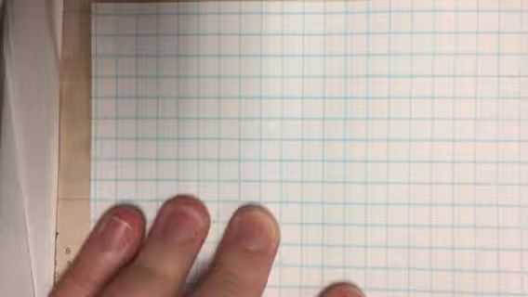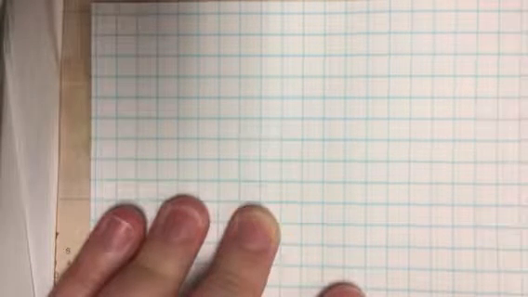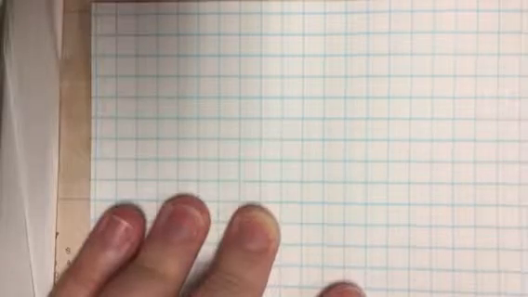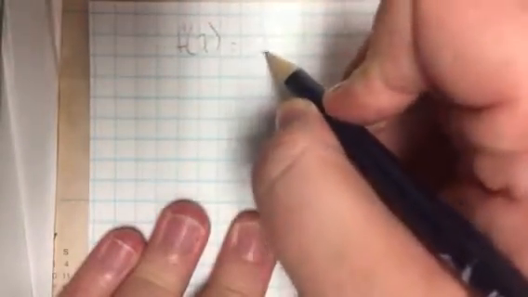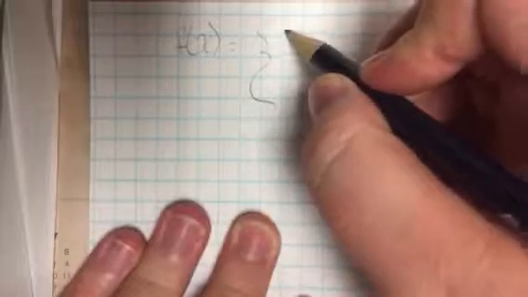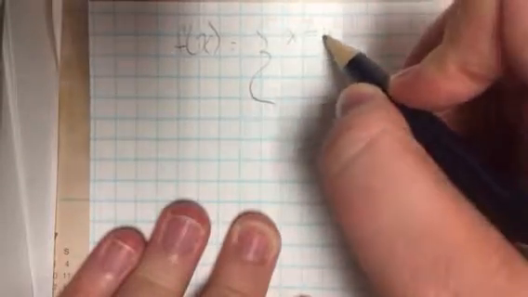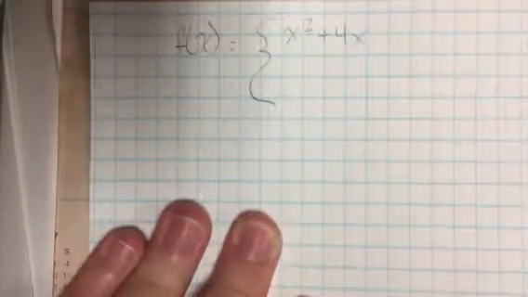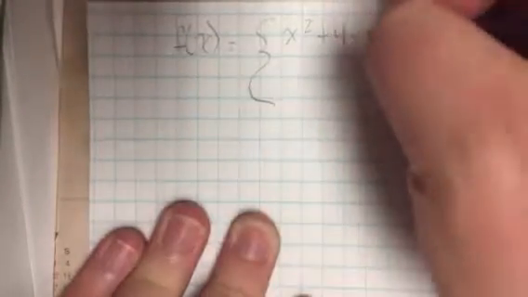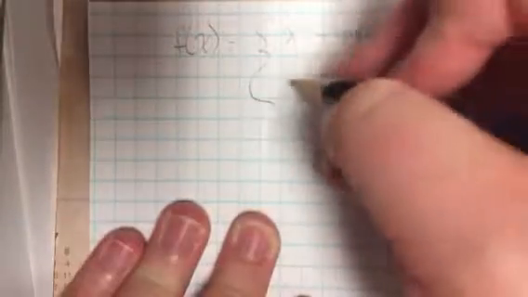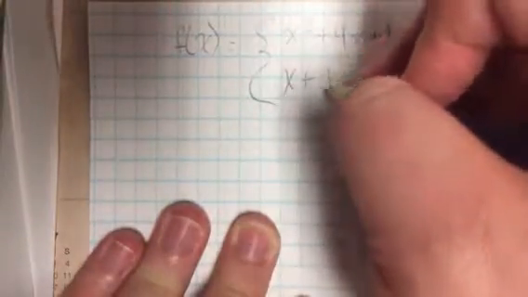We're going to start with problem number 10, which is the second graphing problem. In that function you have f of x is equal to, and your first function is a quadratic, plus 1 I believe there, and the second one is linear, x plus 3.